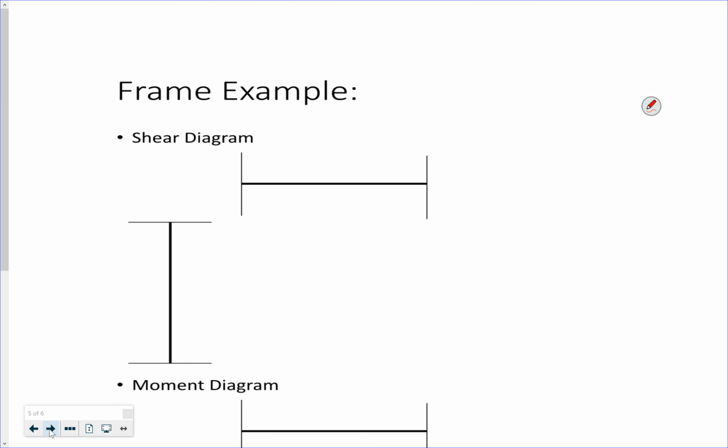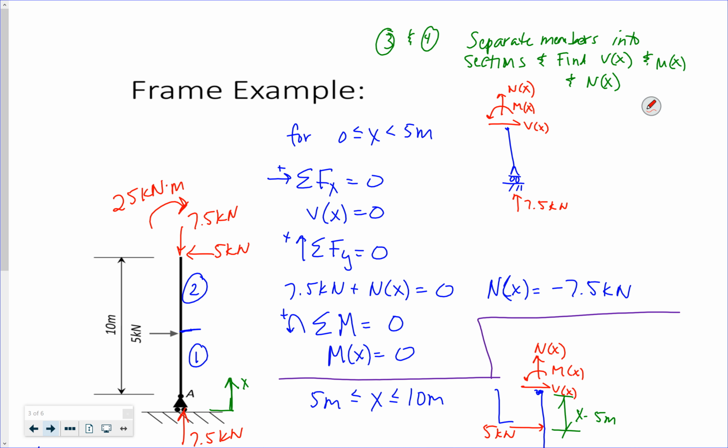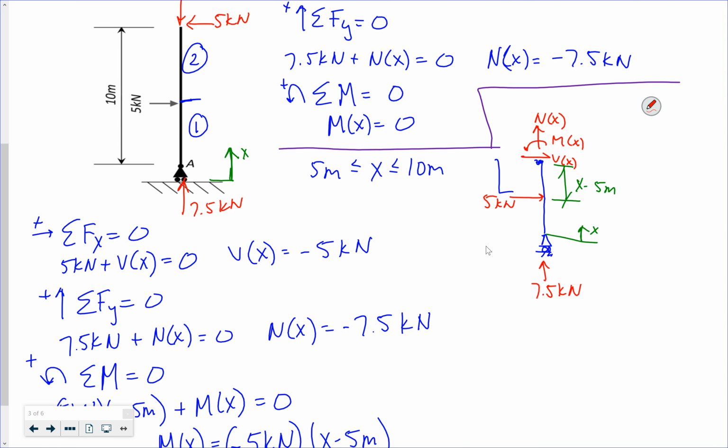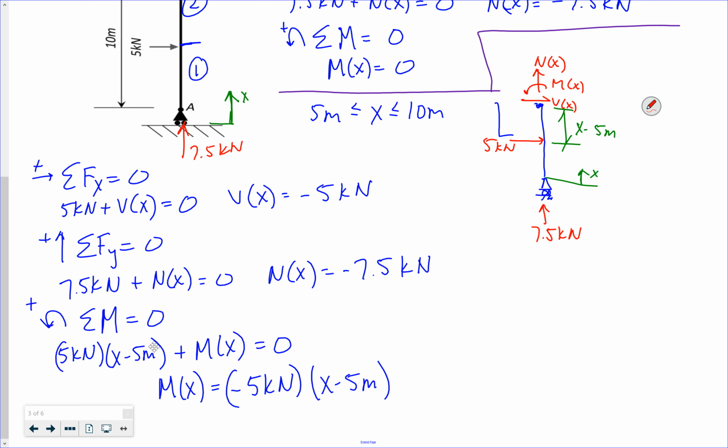So let's see what they look like. If I draw my shear diagram, for my column, my shear is 0 for the first 5 meters and then a constant negative 5.